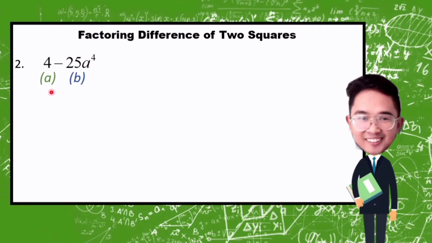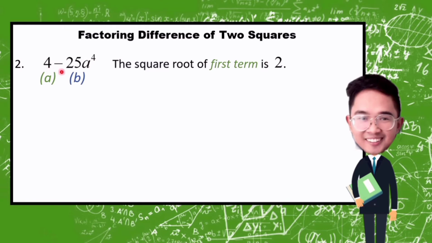Example number 2. 4 minus 25a raised to 4, wherein 4 is your first term, which is denoted as a, and the second term, negative 25a raised to 4, which is denoted as b. What is the square root of 4? Very good. The square root of 4 is 2.